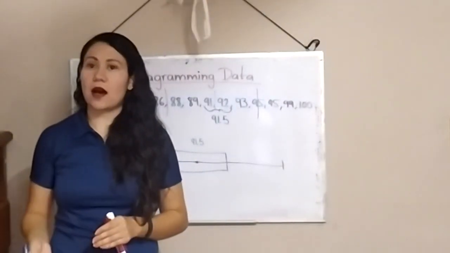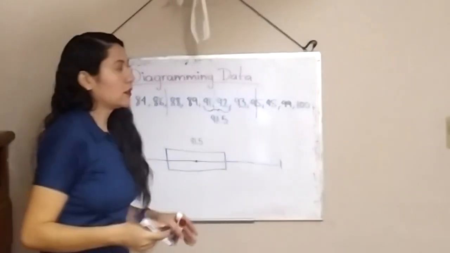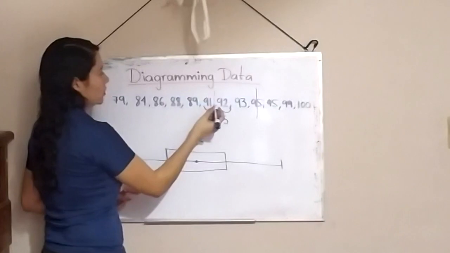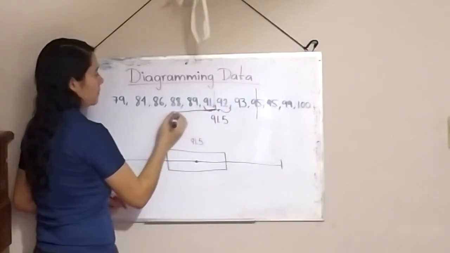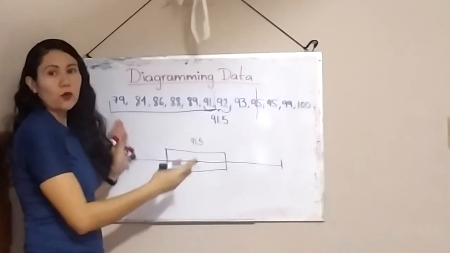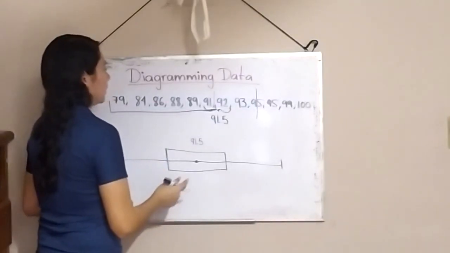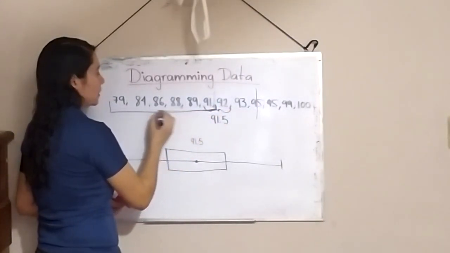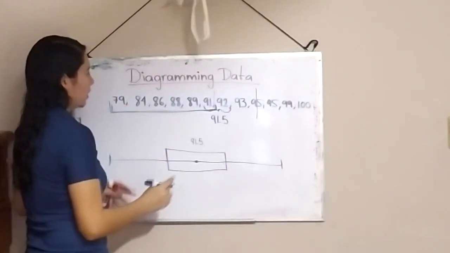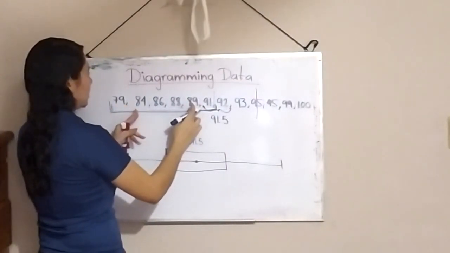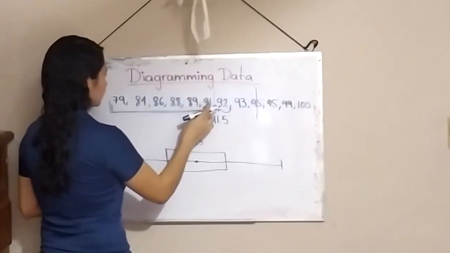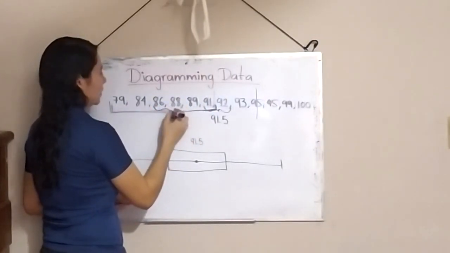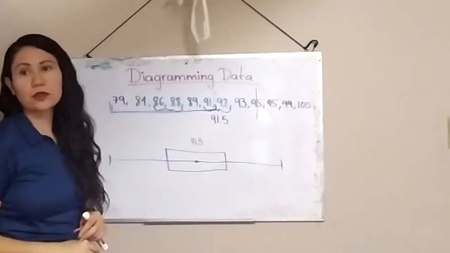Next, let's get our lower quartile. For the lower quartile, we are going to take this half of the data, the lower half, and find the median of just this part of the data. We also have 2 values.